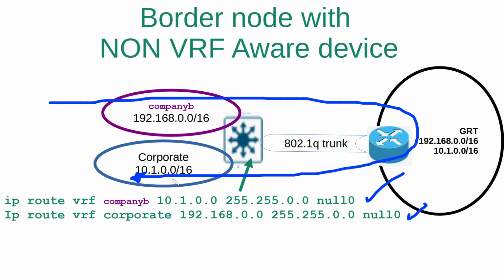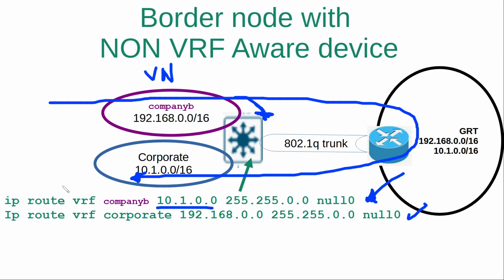So I need to avoid this, and I'm going to set up these static routes here in order to avoid that. So for instance, if someone within this VNI wants to send traffic to the other VNI, all traffic destined to 10.1.0.0 will be dropped here, because I'm going to create this particular static route.